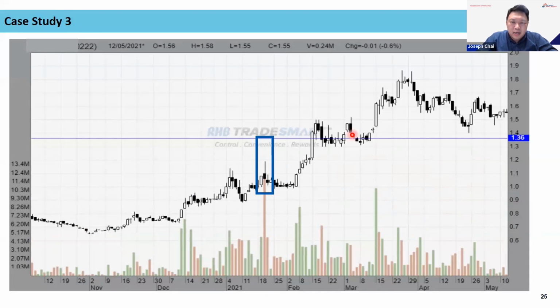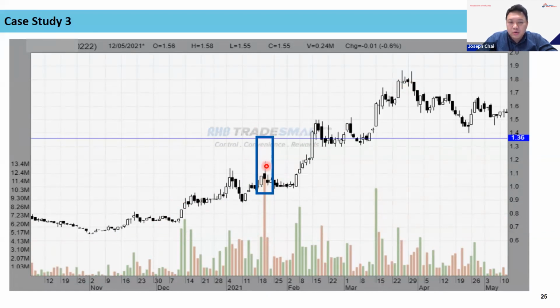Now, this is another example, an uptrend stock. This is not a downtrend stock, but a stock that moves upwards. So how do we handle stocks that move upwards? When a stock is moving upwards, somewhere down the road, we should see something like this, a shooting star, or maybe a reversal pattern. And usually at the top, it comes with high volume. So same strategy: I'll mark R1, R2, R3 on this candlestick.